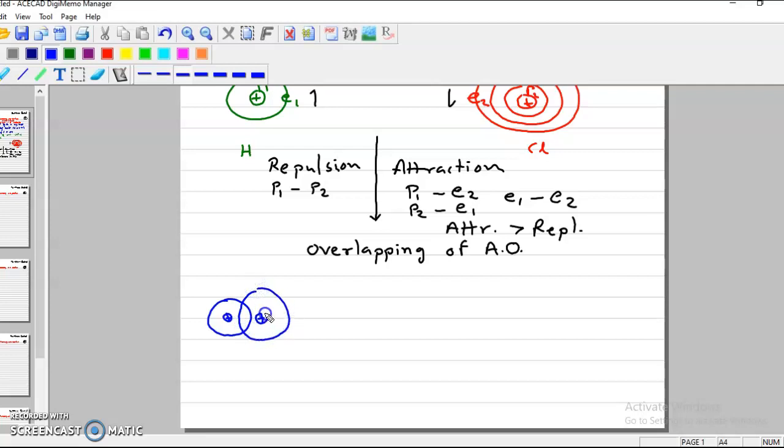And here we have a nucleus of chlorine. So hydrogen and chlorine will be at this distance. So the distance between two nuclei, P1 and P2, let us call it R1. But at this distance, R1, they are much closer and therefore repulsion is greater than attraction between hydrogen and chlorine.